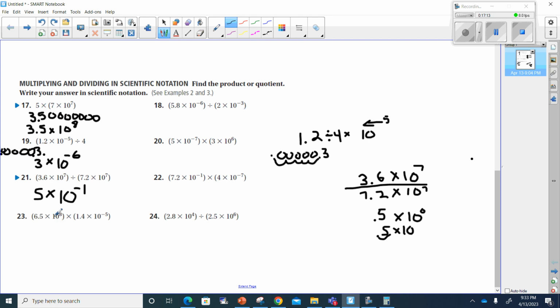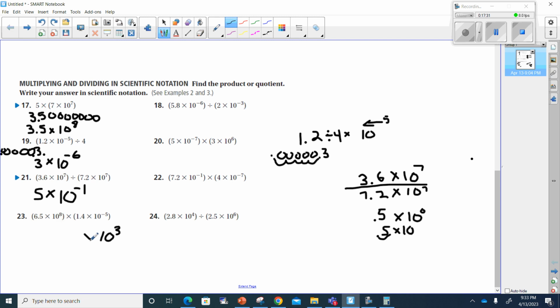All right, let's go to 23. This time we've got to multiply. I know 10 to the 8 times 10 to the negative 5 is going to give us 10 to the 3 power, right? Because when we multiply, we add these together, and 8 minus 5 is 3.